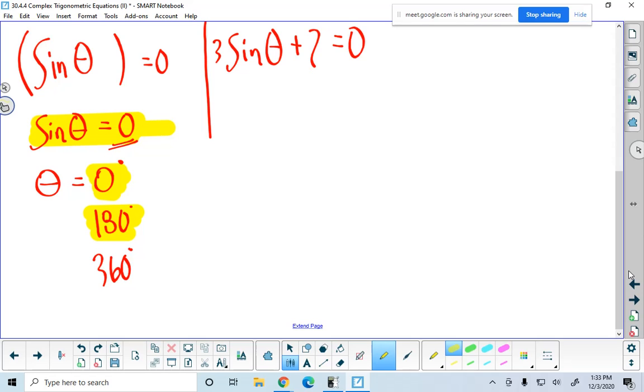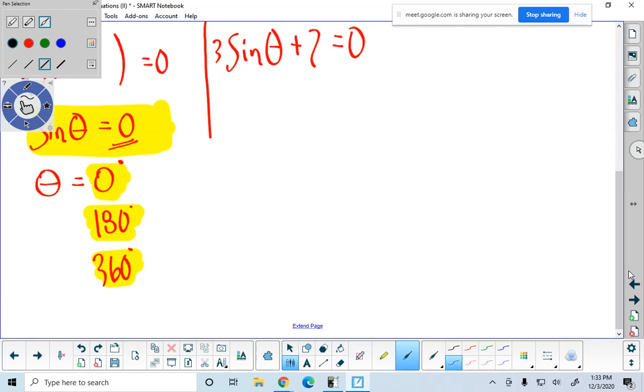Yes. Is 360 degrees an angle that makes this statement true? Yes. But who's willing to tell me why 360 degrees is not an answer to this question? The domain says 360 cannot be x.